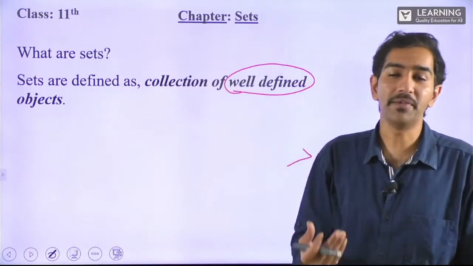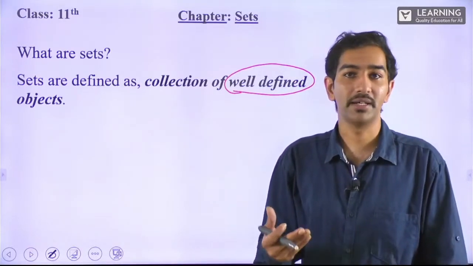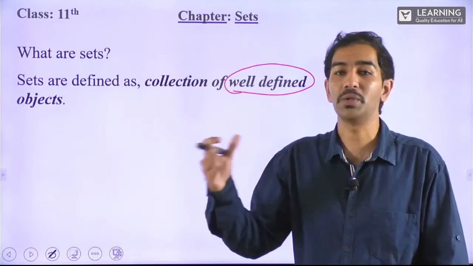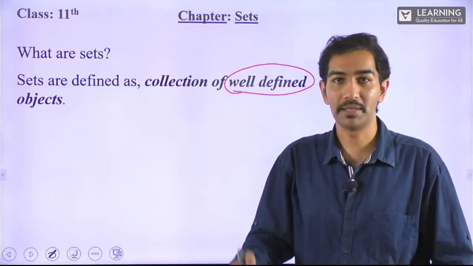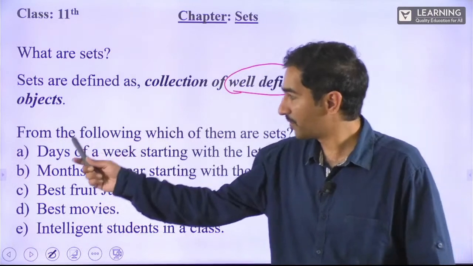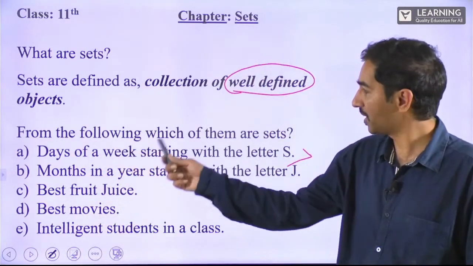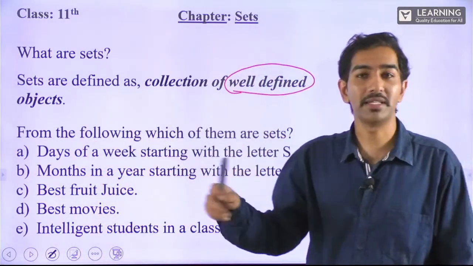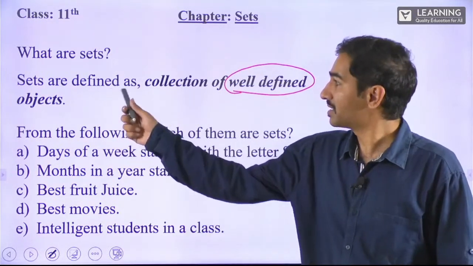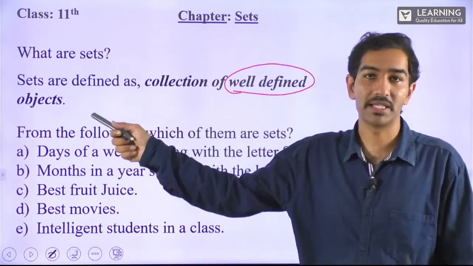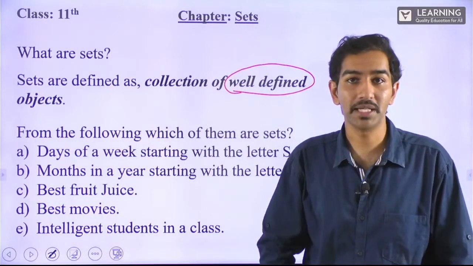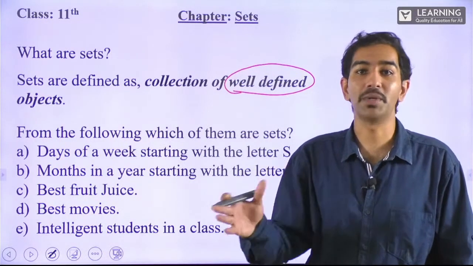Students, well-defined means those objects which do not change from one person to another person. I've presented a few examples here. From the following, which of them are sets? Sets are defined as a collection of well-defined objects, and well-defined means it does not change from one person to another person.